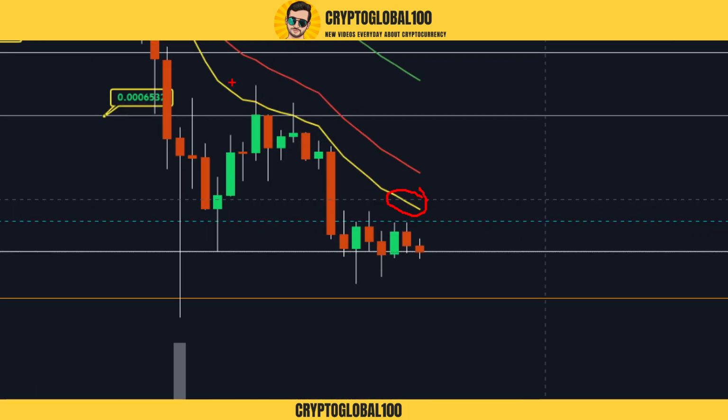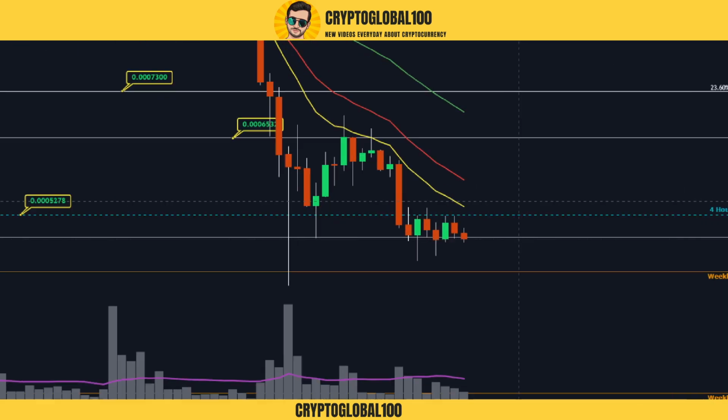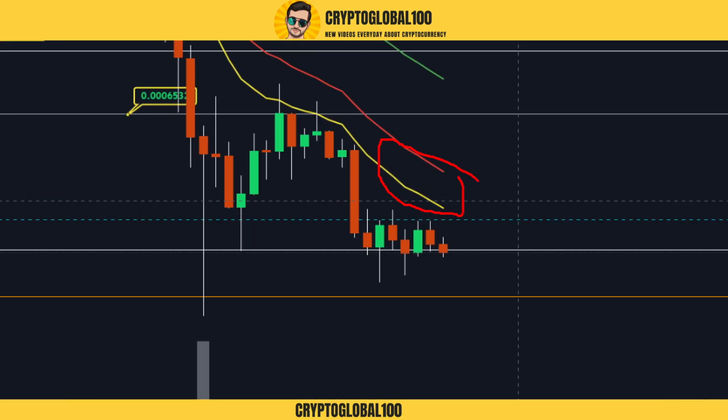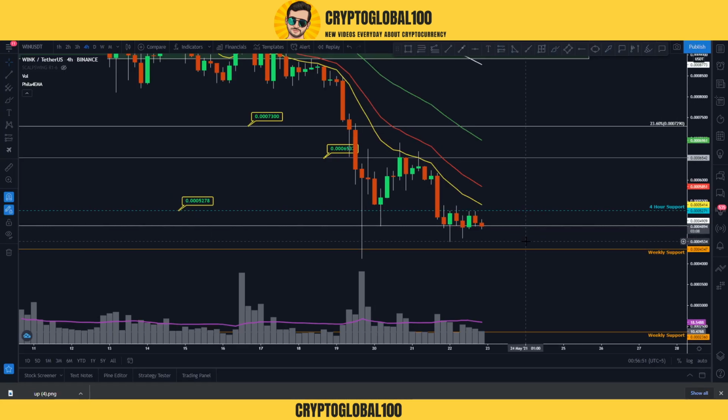The price has been testing and getting rejected by this fast EMA. So it is clearly in a downtrend, and we need strong volume to get above this area. This one is like an accumulation zone right now.